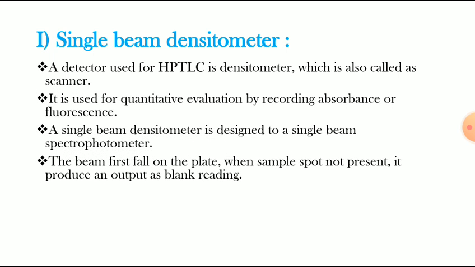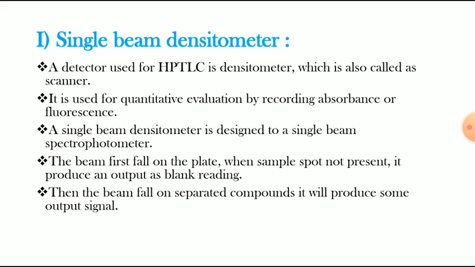The beam first falls on the plate where the sample spot is not present. It produces an output as a blank reading. That means when we shine the light on the plate, but on that plate there is no separated component, then we will get the blank reading. That means there is no separated component, or you can say sample.